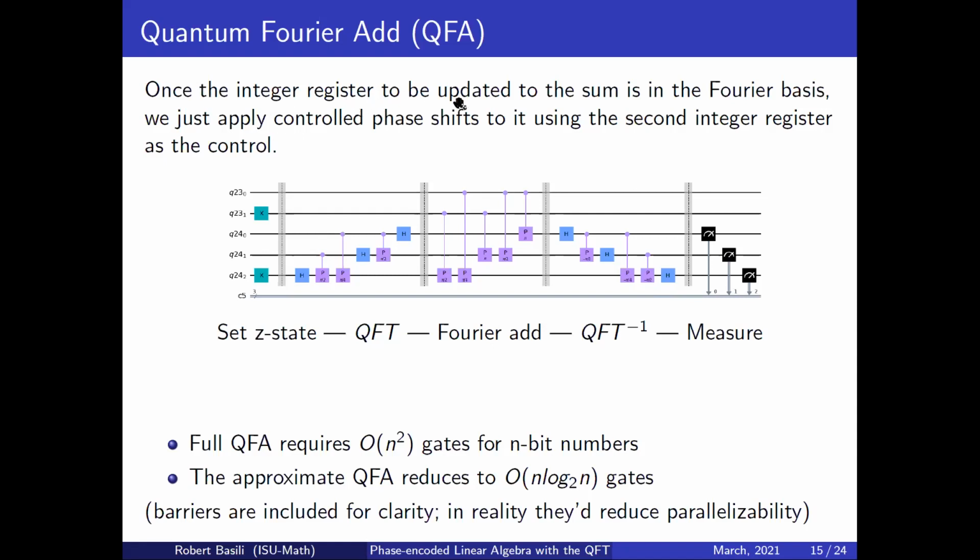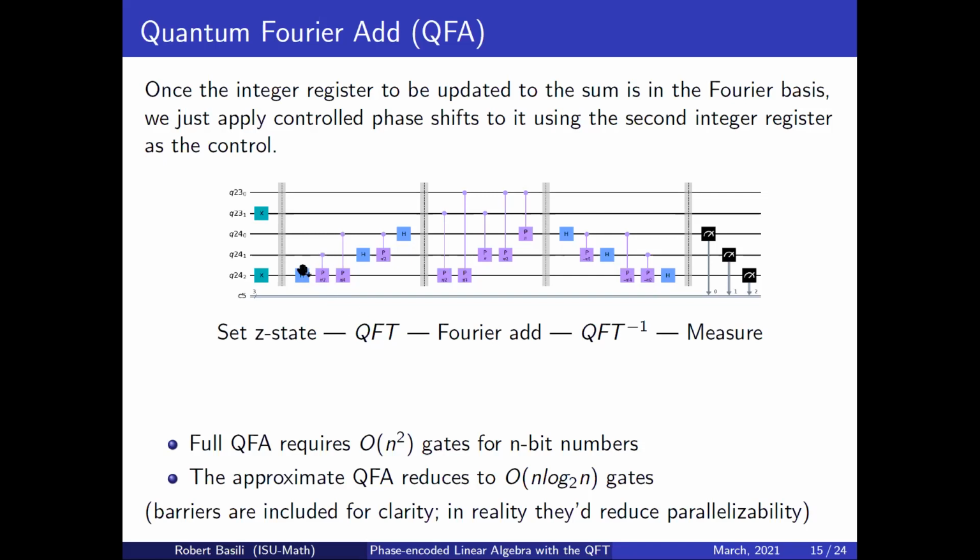Once the integer register to be updated to the sum is in the Fourier basis, that is to say, if this second register, this Q2 register, is the one that's going to ultimately house the sum of the 2 numbers, so for instance, in this first step, we're setting the state, the actual numbers.